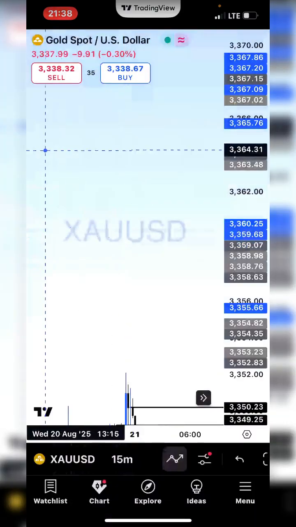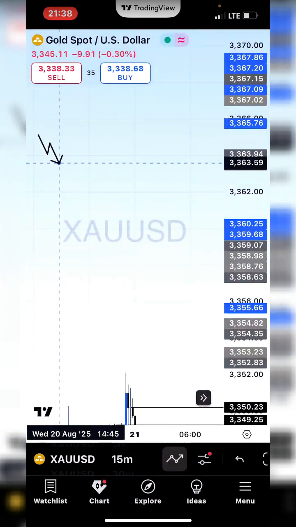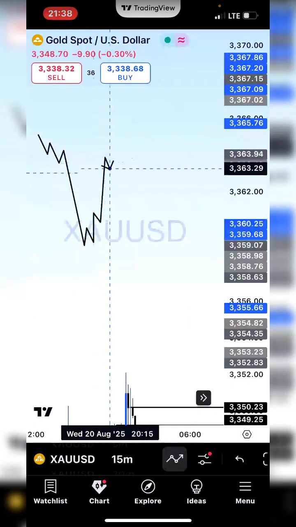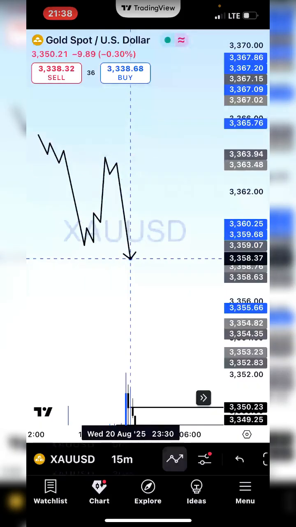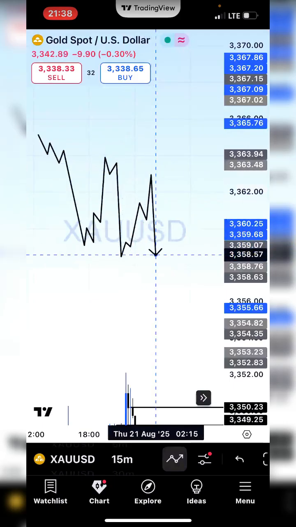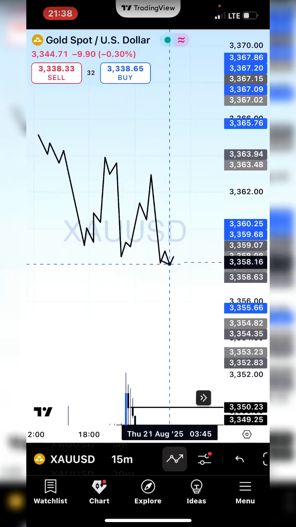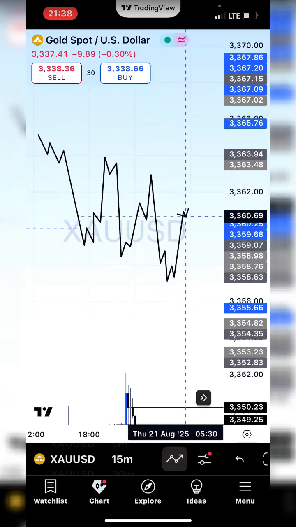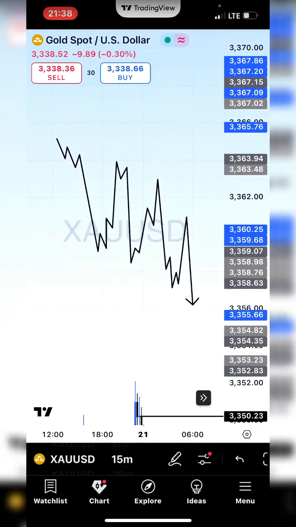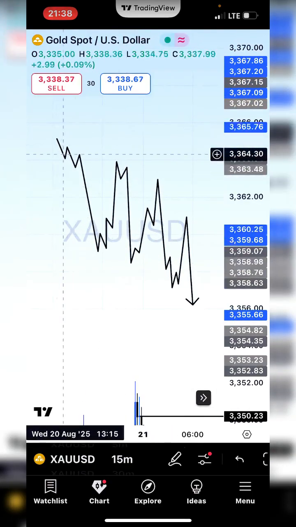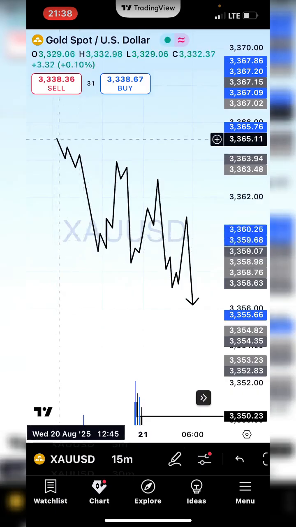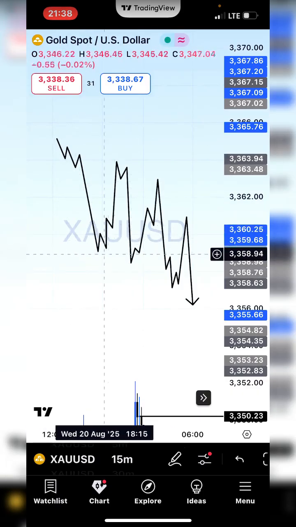Okay, let's say we're in a downtrend, we have something like this. Starting from here, the highest point in this whole range is here, and the lowest point is here, before price breaks structure.